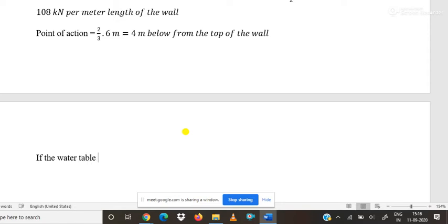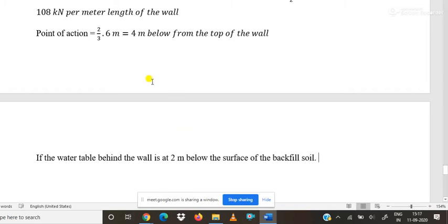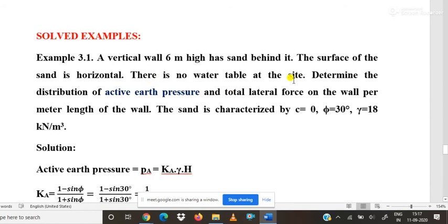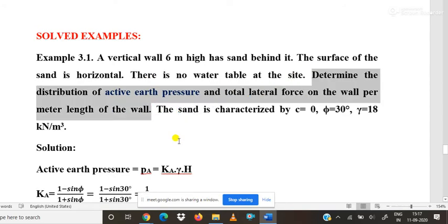If the water table behind the wall is at 2 meter below the surface of the backfill soil, then the same parameters you have to determine.